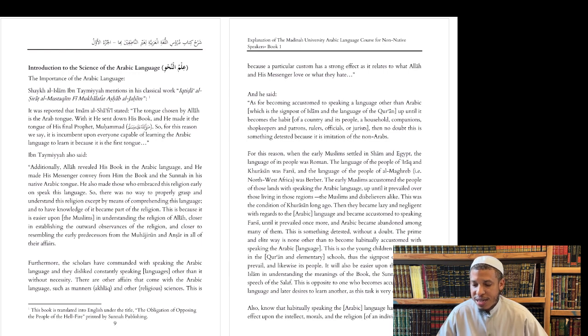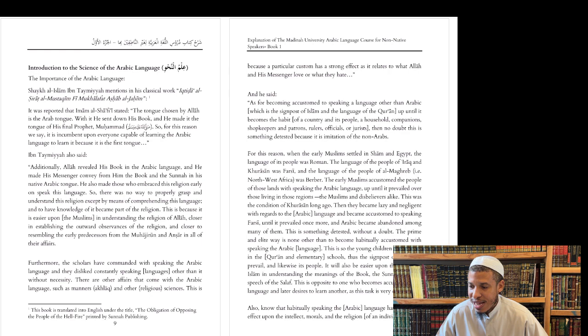There are other affairs that come with the Arabic language, such as manners, akhlaq, and other religious sciences. This is because a particular custom has a strong effect as it relates to what Allah and His Messenger love or what they hate.